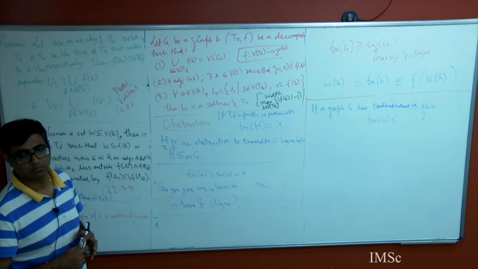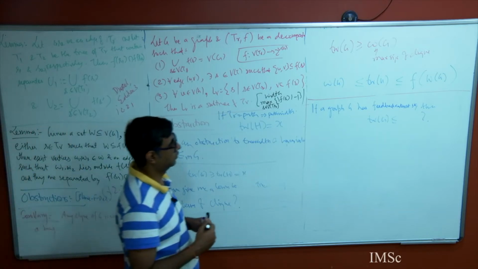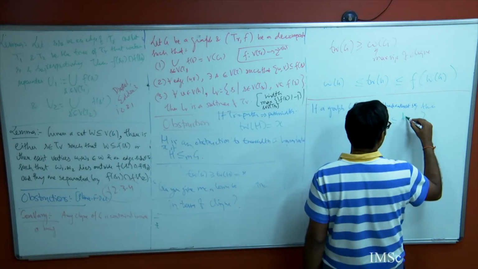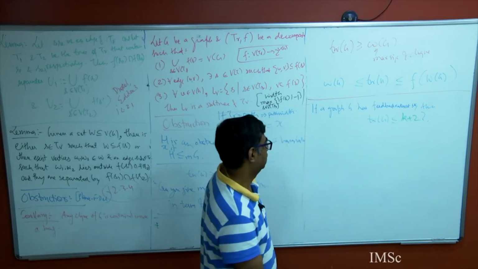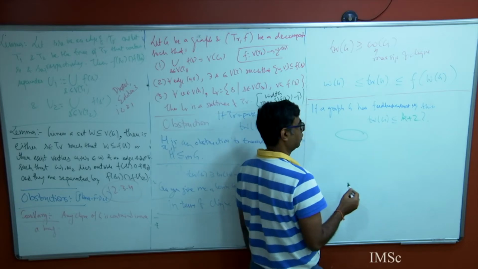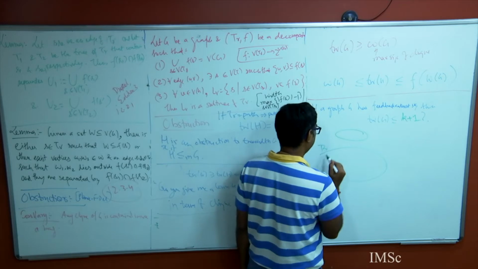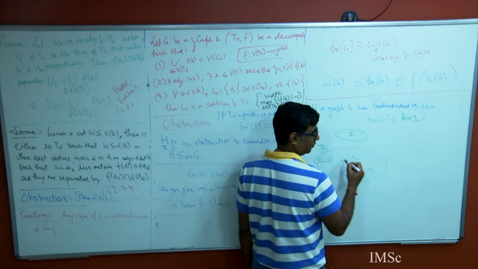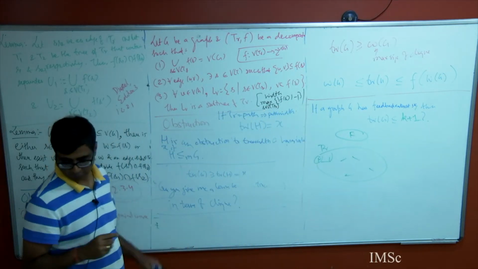Take the tree decomposition of the remaining graph and add the feedback vertices. Excellent. So this is basically K plus 2, right? K plus 1, that is one minus 1, and K. Right. So what he said: look at this forest, take a tree decomposition of this, add F to every bag. That's it. Done. Excellent.